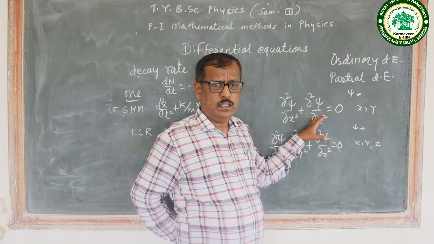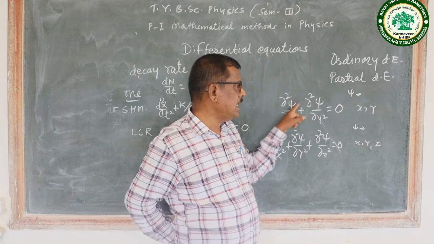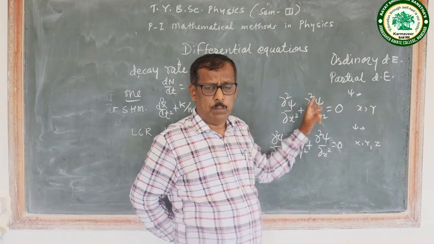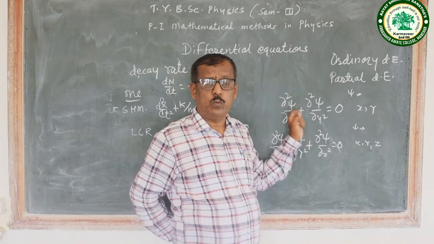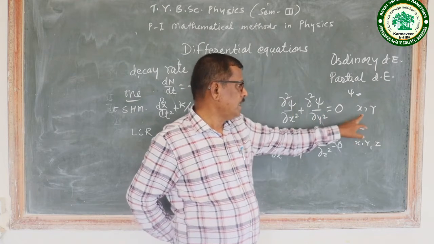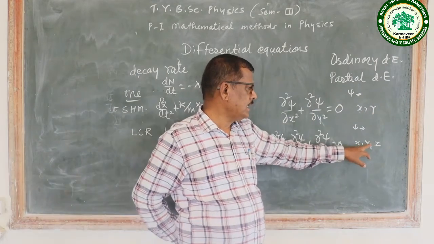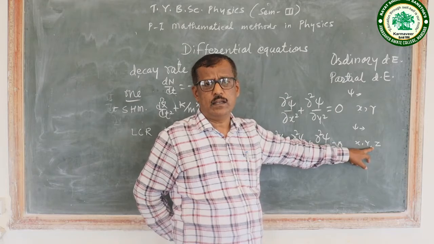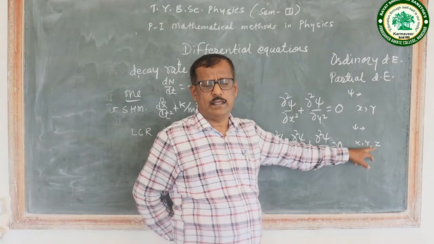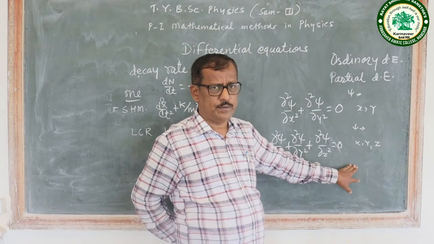Means in this differential equation, there is only a single dependent variable, but two or more independent variables. Here x and y are the two independent variables, and here x, y and z are three independent variables.